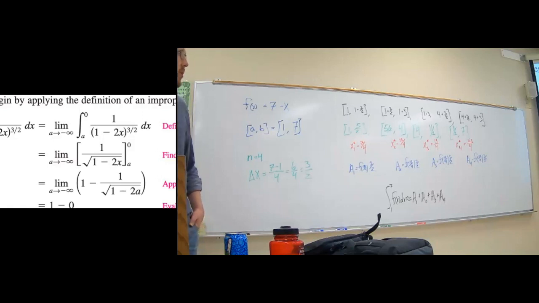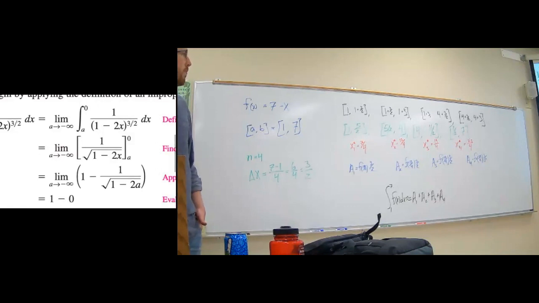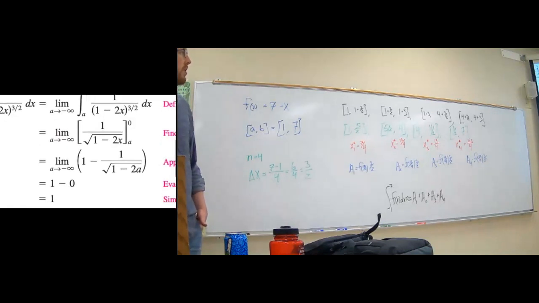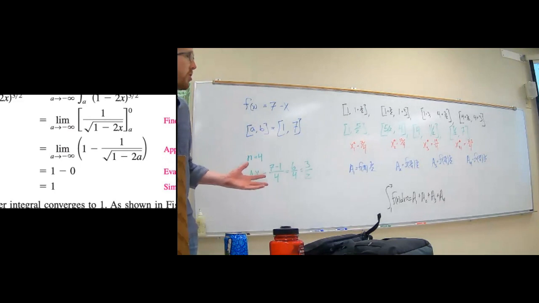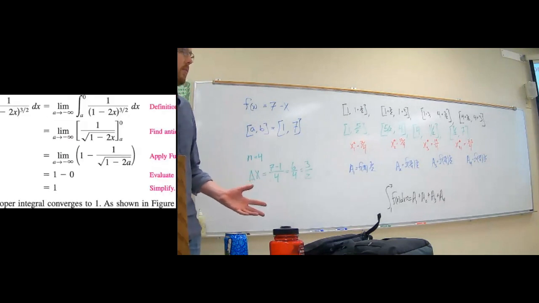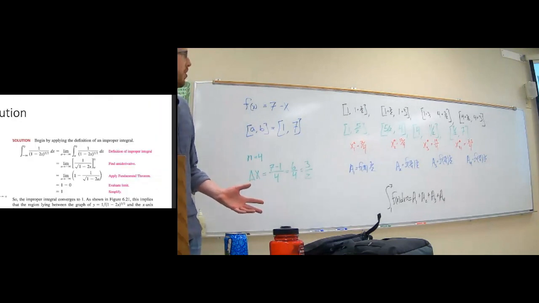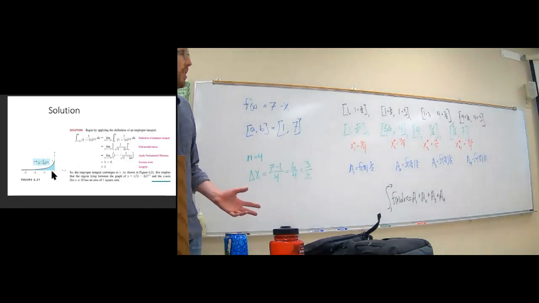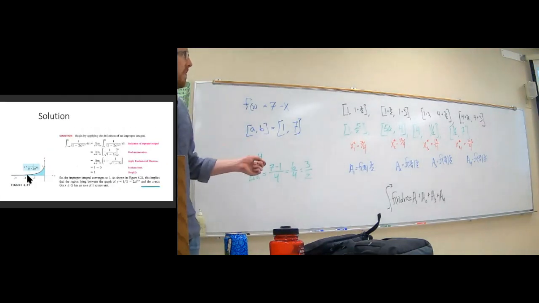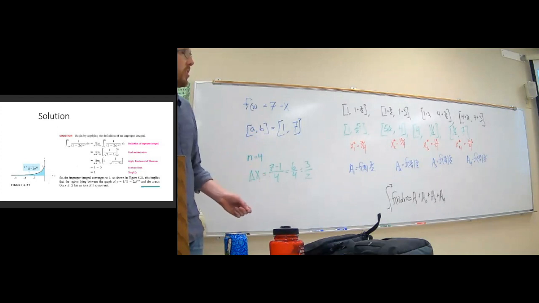Square root of a really large number is a really large number. 1 divided by a really large number that goes to infinity is just 0. So we get 1 minus 0. So the area underneath this curve is 1. The area between negative infinity and 0 of this function is 1.